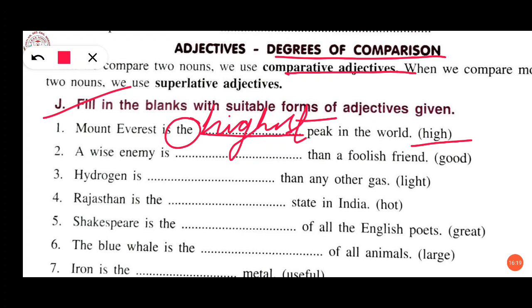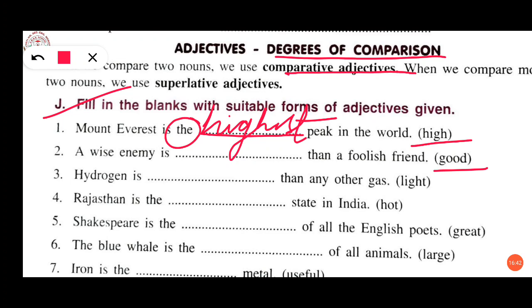Now you can see good is an adjective. Good, better, best. Better is the comparative one and best is the superlative. Now how will you know which kind of adjective we have to use here?